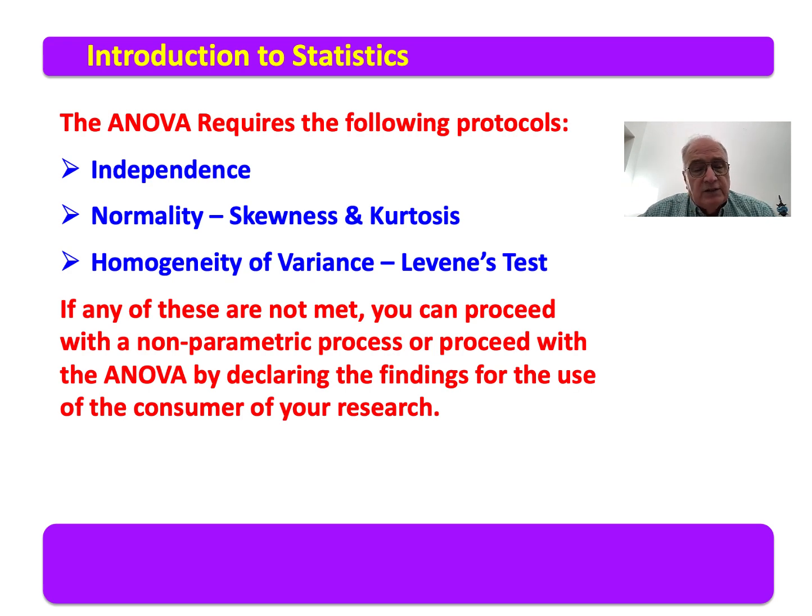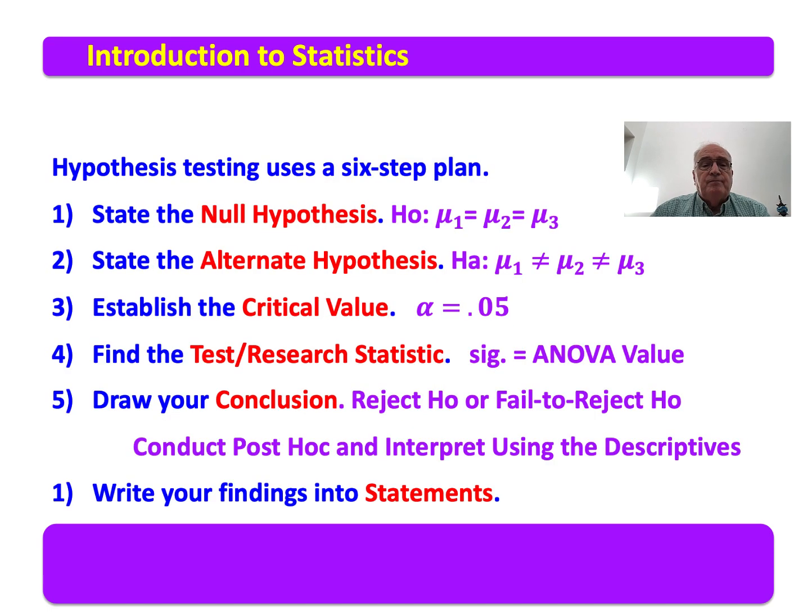What that means is you can proceed with the ANOVA, here are the results of the ANOVA, but be aware that the following, I'll say the homogeneity of variance was not satisfied. So the consumer of your research understands how to accept your findings and how to use them.